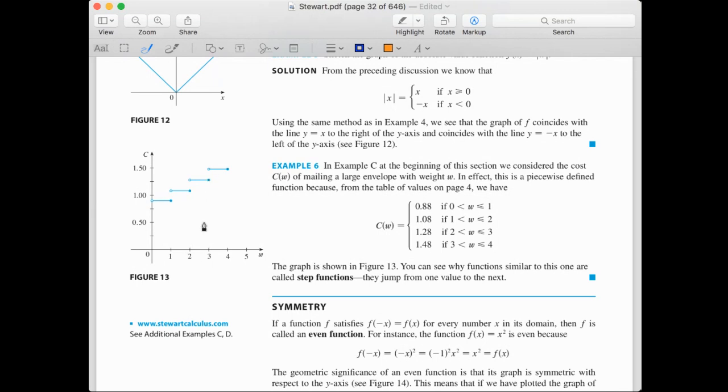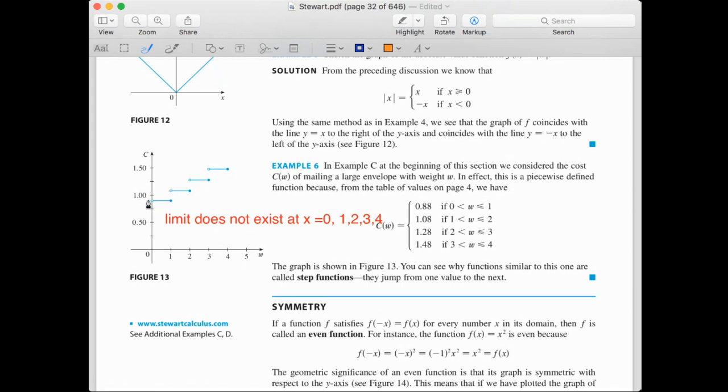If we use the limit idea, we would say the limit does not exist at x equals 0, 1, 2, 3, 4, and so on and so forth.